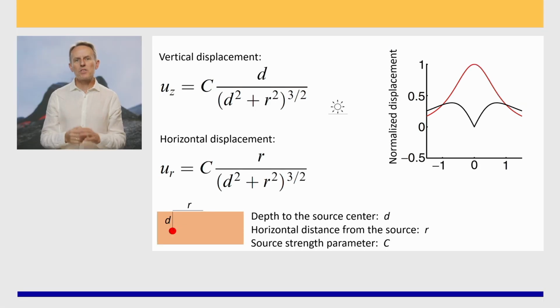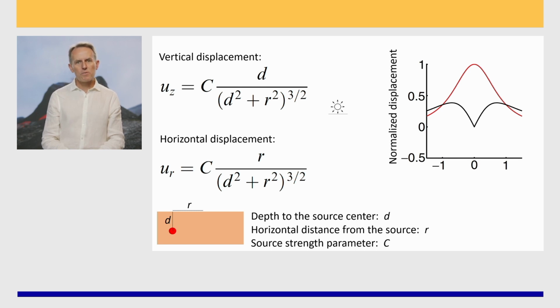There are 3 parameters for the location of the source, latitude, longitude, and the depth. And the 4th parameter is the source strength. It depends on both the properties of the source as well as the surrounding host rock, that is, the properties of the elastic half-space.